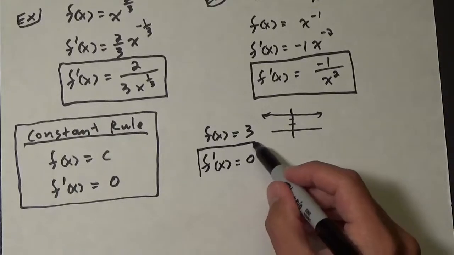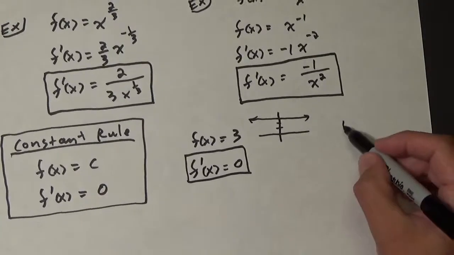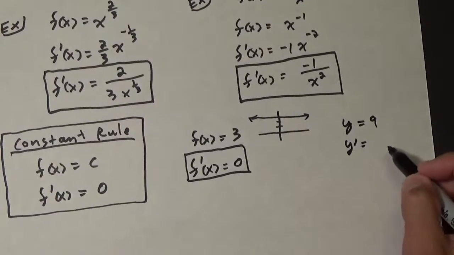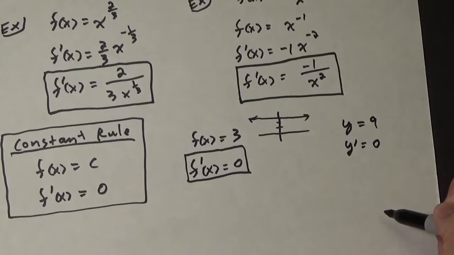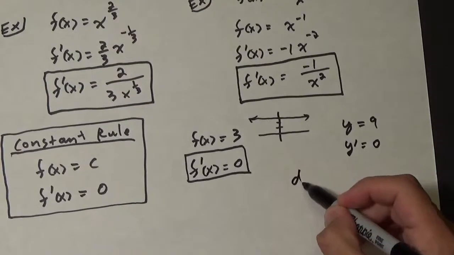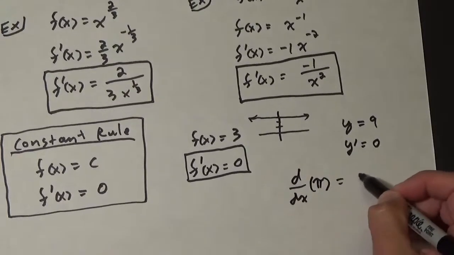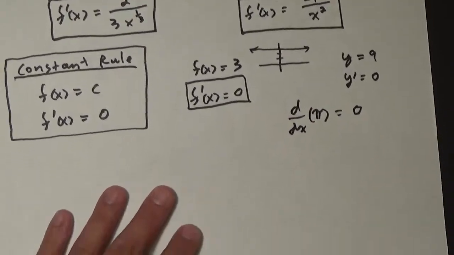That's it. And sometimes, if I have y equals 9, and I ask what's the derivative, some students say 9x, and it's not, it's just 0. In another form, if I ask you to take the derivative with respect to x of pi, that's just 0. So don't get confused by that one. It's actually quite simple.